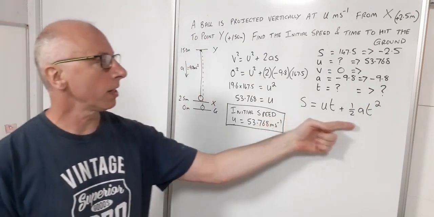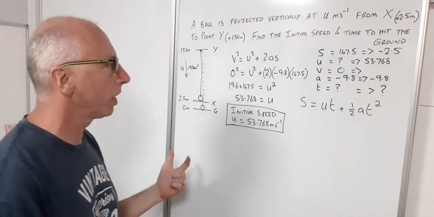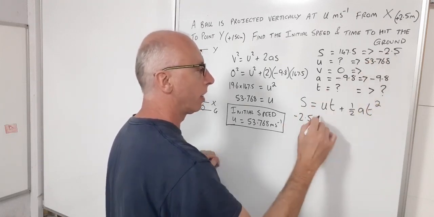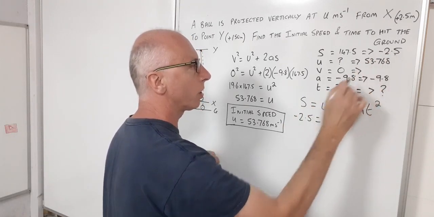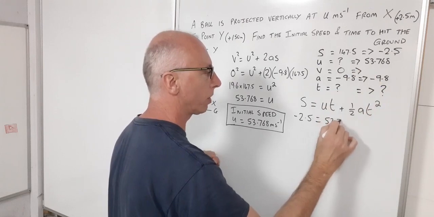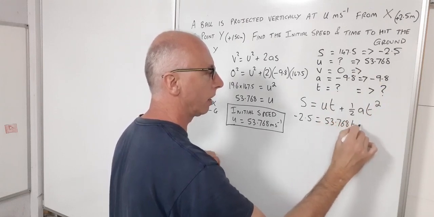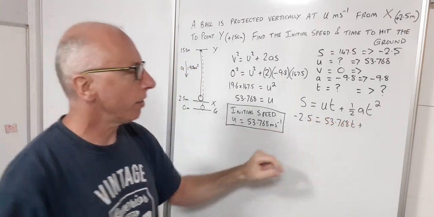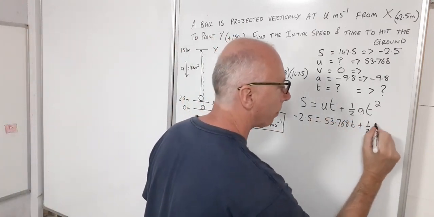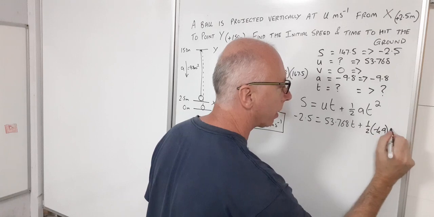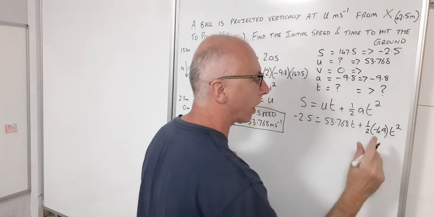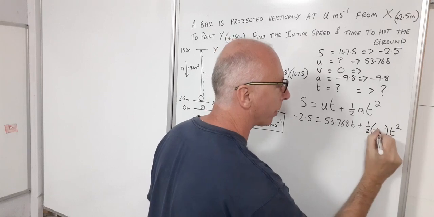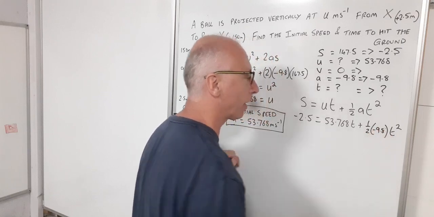We've got all these here except the T, so we can solve for T. So we've got minus 2.5 equals 53.768 T, plus a half times the acceleration. So a half times minus 9.8, the answer is minus 4.9, and then that's T squared.